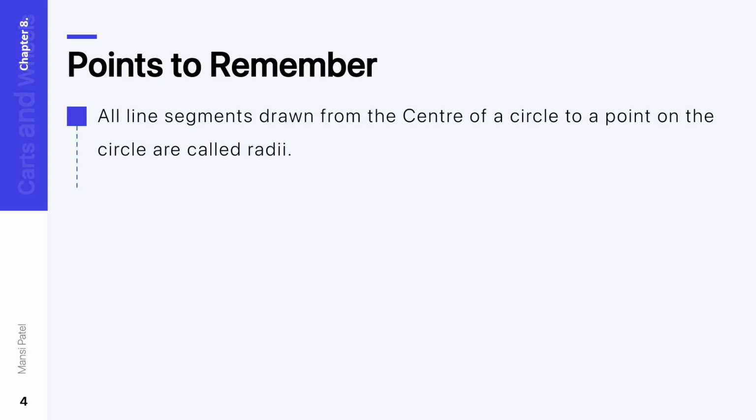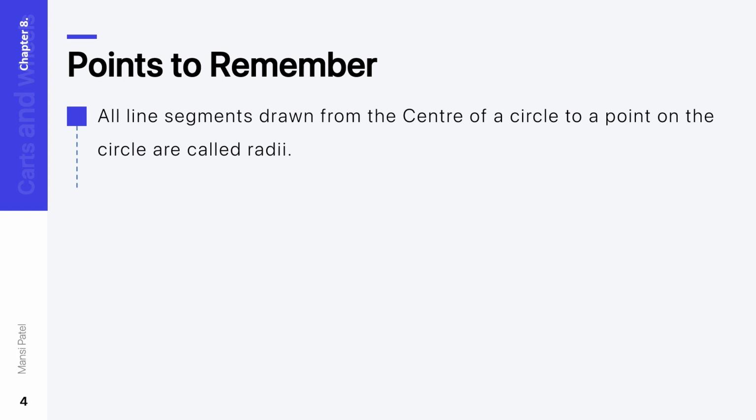Now, all the line segments drawn from the center of a circle to a point on the circle are called radii. If there are two radius, then it is known as radii. Now, what is radius? Radius is one type of line segment which we draw from the center of the circle to any point on the circle.